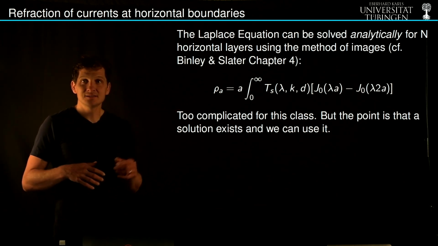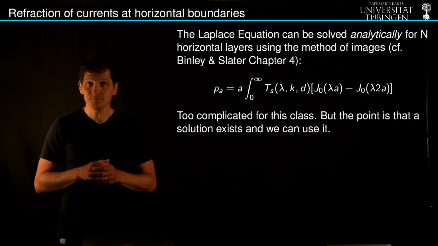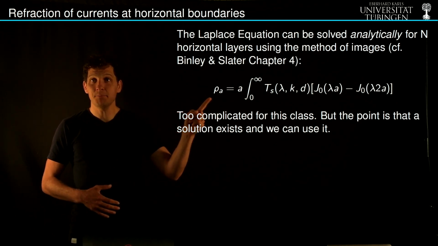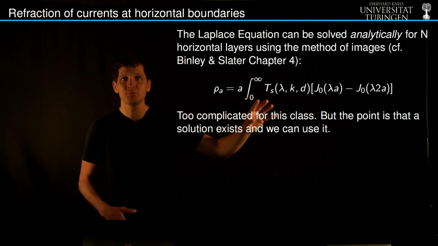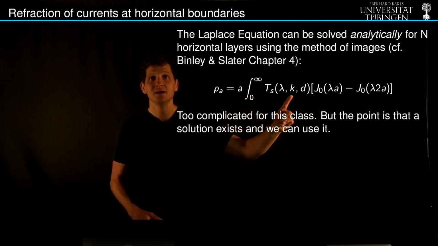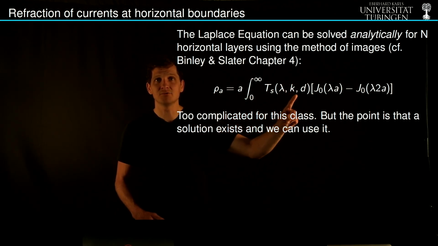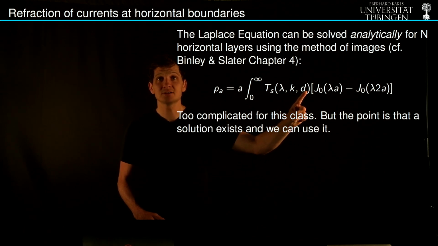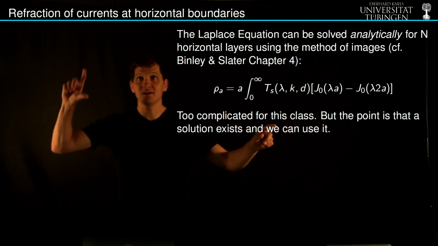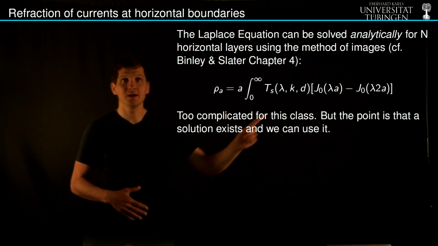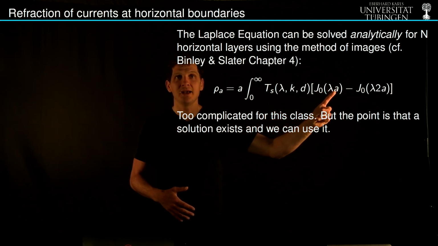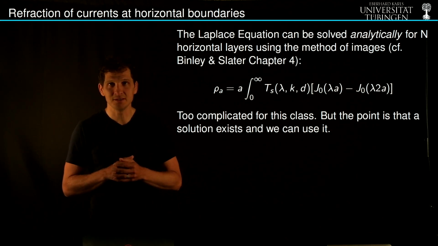But here is such an analytical solution, which provides the apparent resistivity, rho A, but now we have a fairly complicated integration, and we have to take care of these reflection coefficients, and obviously also the thicknesses of the layers, so how far they are spaced apart does play a role, and then also A is now the distancing between the electrodes.